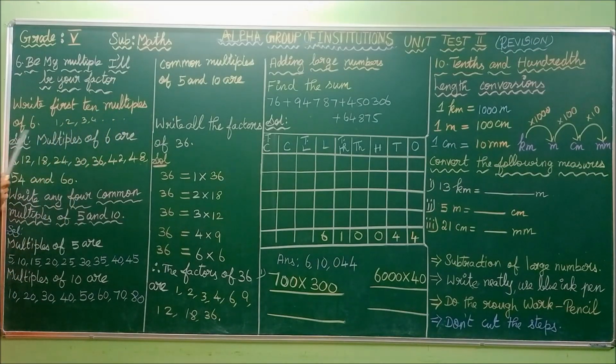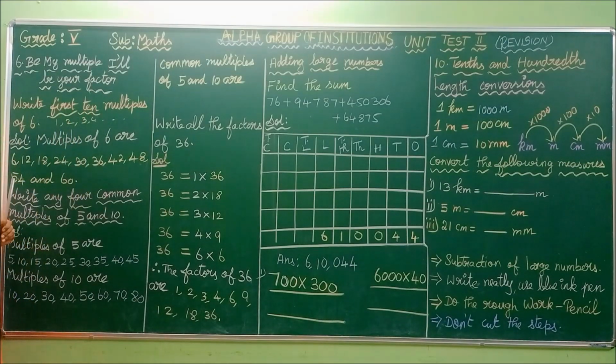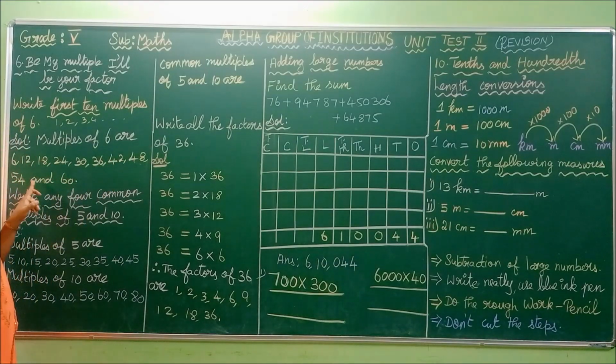So by multiplying the given number by the natural numbers, you can write the multiples of a given number. In the question they are asking the first 10 multiples. So you have to write the first 10 multiples of 6. So multiples of 6 are 6, 12, 18, 24, 30, 36, 42, 48, 54 and 60. These are the first 10 multiples of 6.